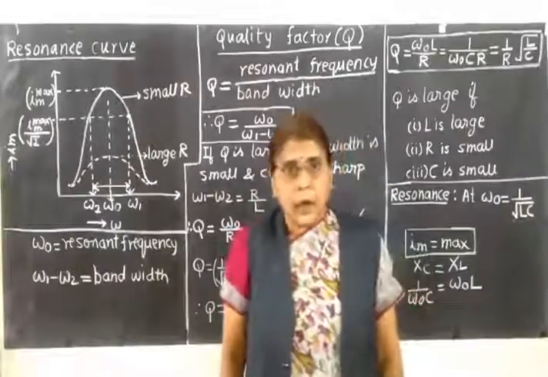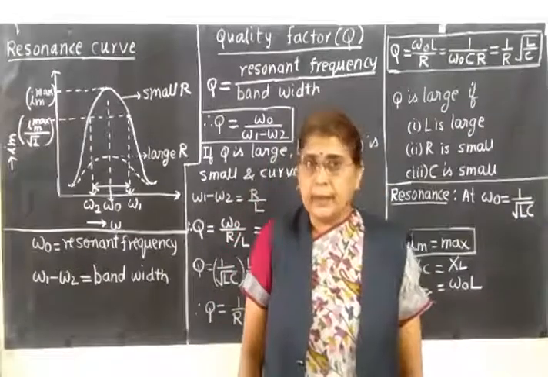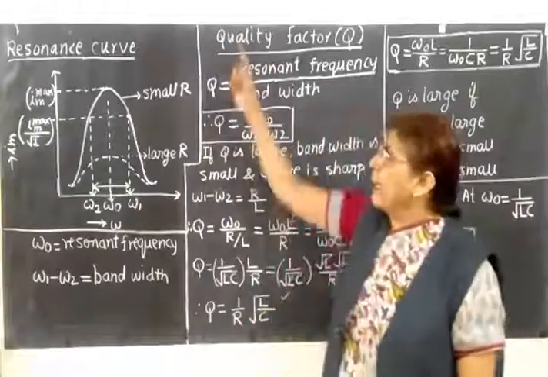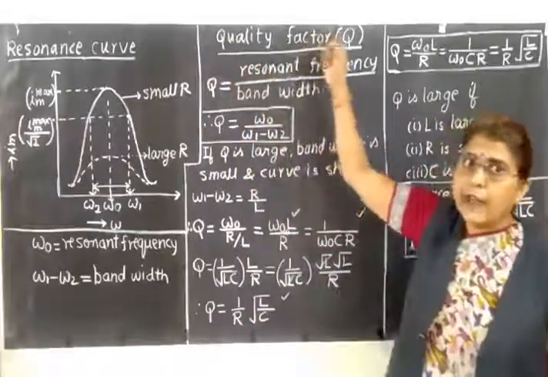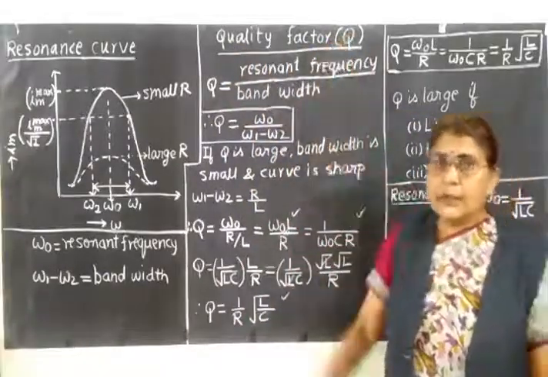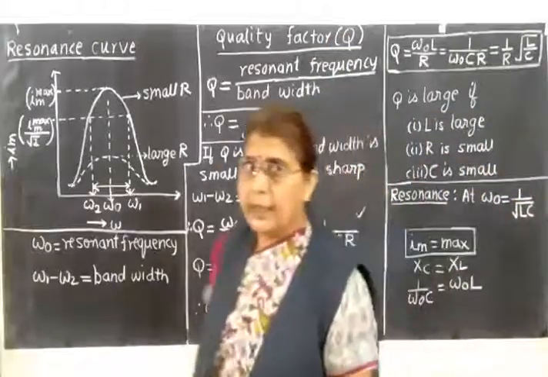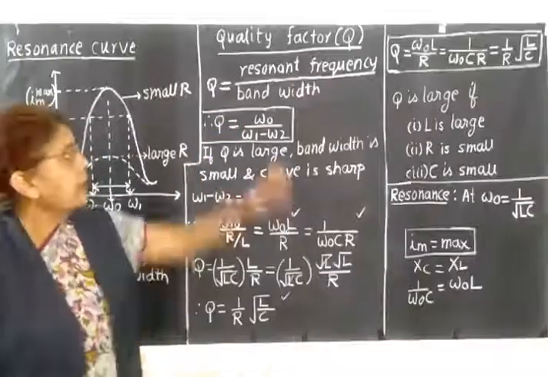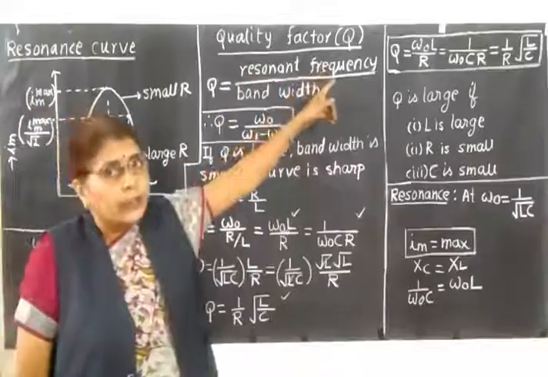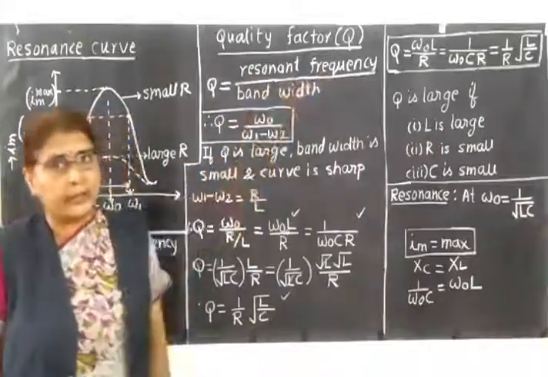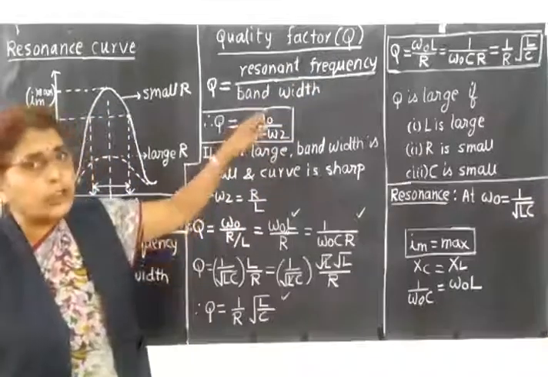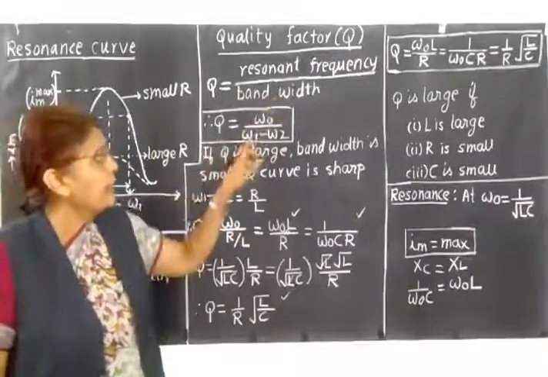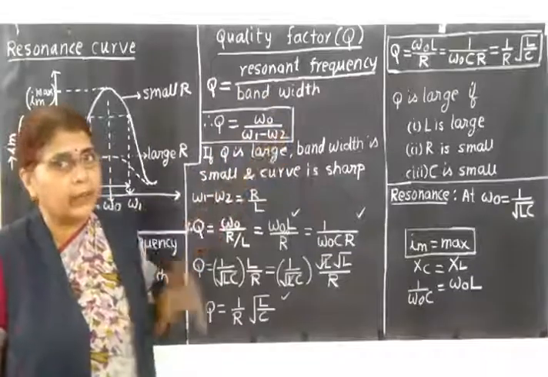Now the quality of the resonance is defined in terms of a quality factor Q. So let us define the quality factor. The quality factor Q is defined as the ratio of resonant frequency to the bandwidth. Resonant frequency is omega 0 and the bandwidth is omega 1 minus omega 2.